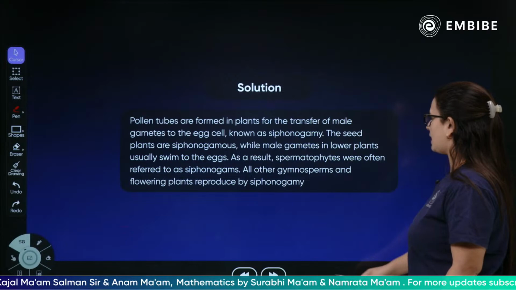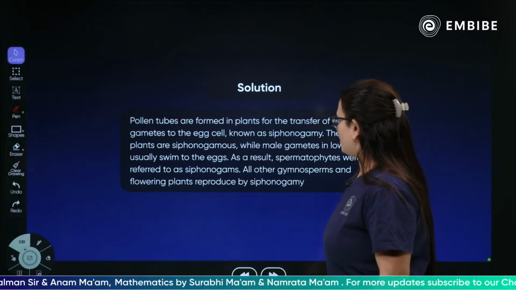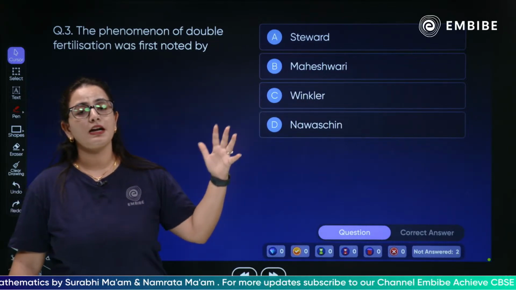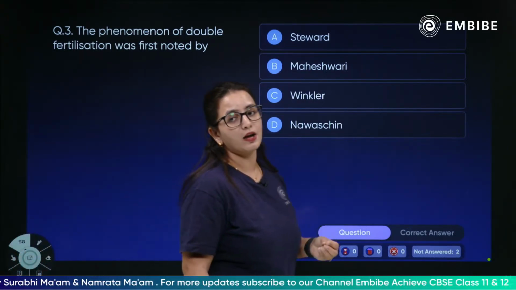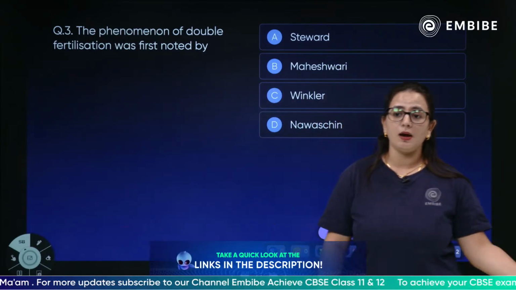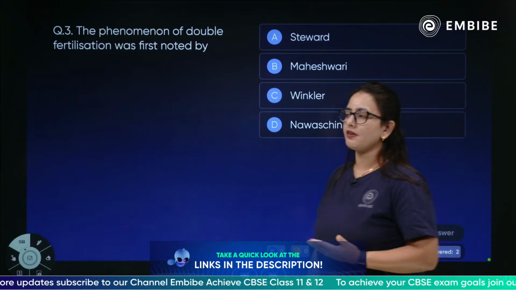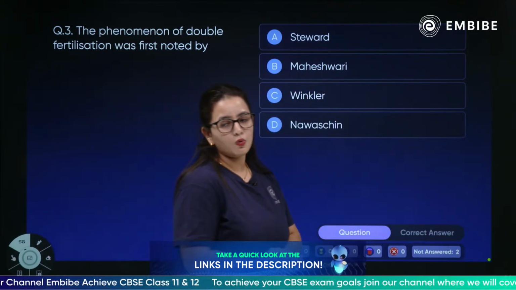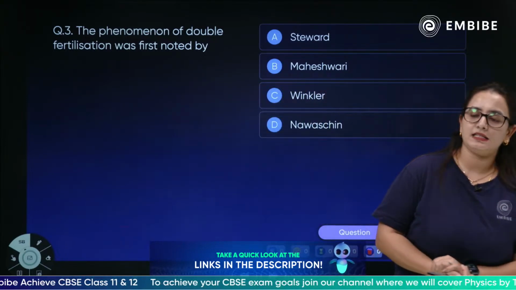The transfer of male gametes from the pollen tube to the egg cell. The phenomenon of double fertilization was first noticed by whom? Which scientist discovered that the fusion of the egg cell and the central cell is taking place inside the plant? Very simple, we have already discussed this.